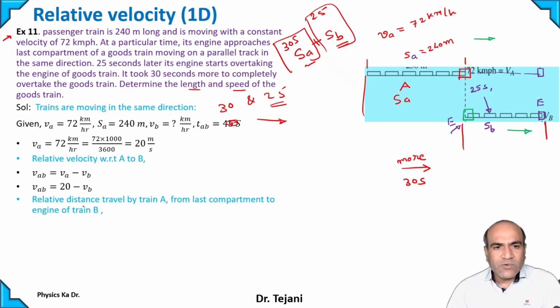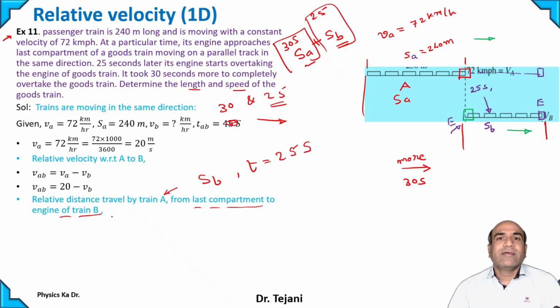Now see, the relative distance traveled by train A from the last compartment to the engine. That means that distance is SB, and it takes 25 seconds. So we know that SAB is equal to SB meter.